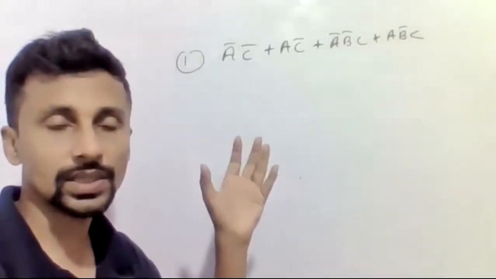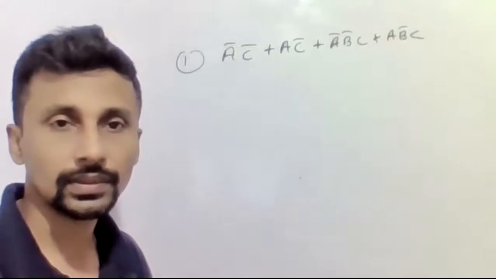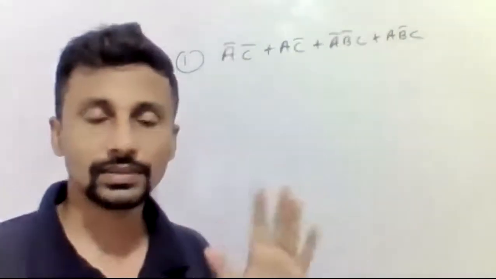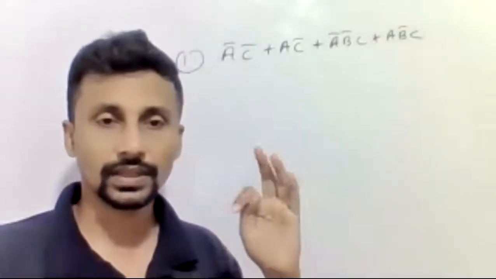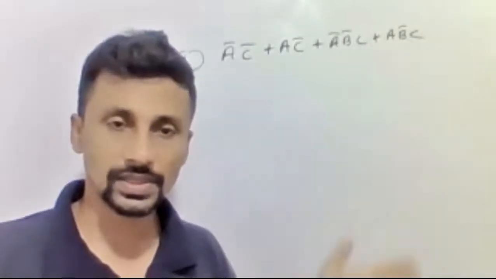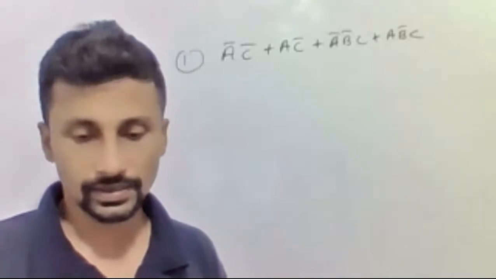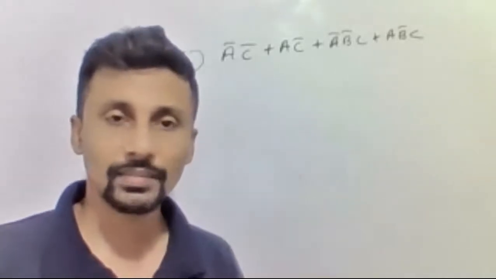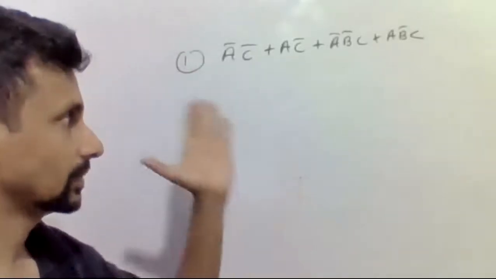You have to do this using K-map or whatever other method. You have to do all three methods, that is first, second and third method, that is Boolean expression also. Get the correct answer and send me, then check whether you are getting the same answer for all three methods.